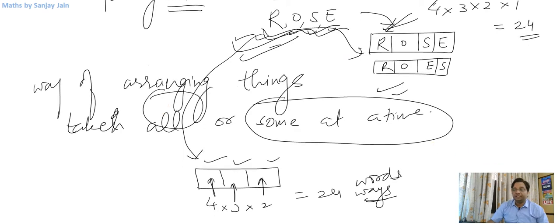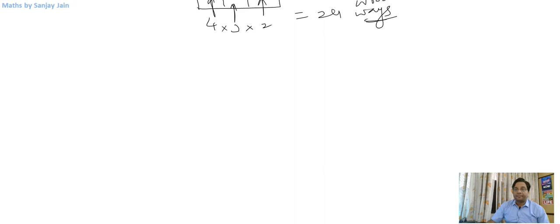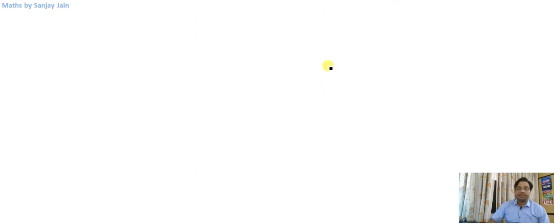So permutation is a way of arranging different objects taken all or some at a time, and we denote it by nPr, where r is less than or equal to n, and it can be greater than or equal to 0, right?